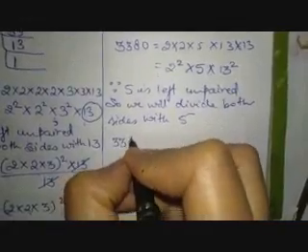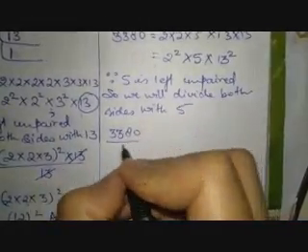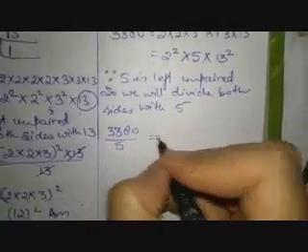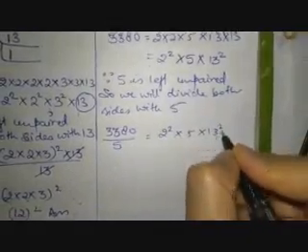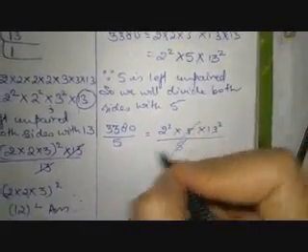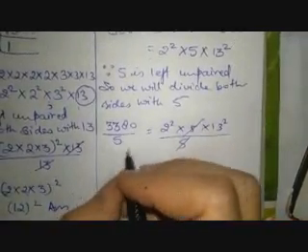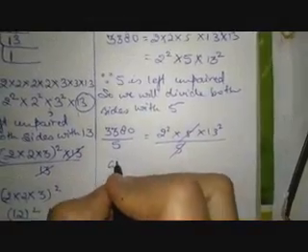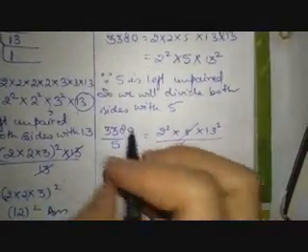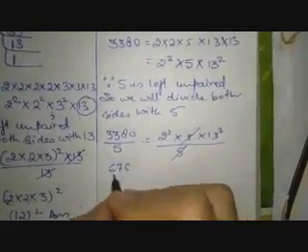I can write 3380 is equal to 2 square into 5 into 13 square, divided by 5. Now 5 6s are 30, 5 7s are 35, and 5 6s are 30 again.